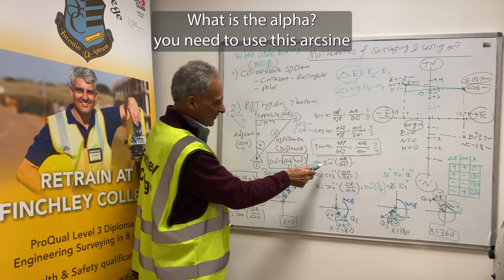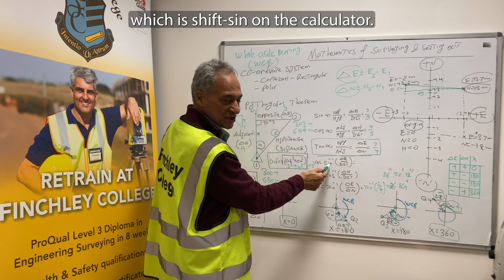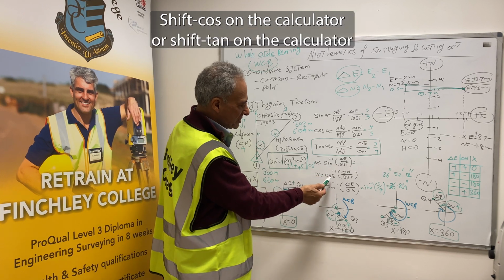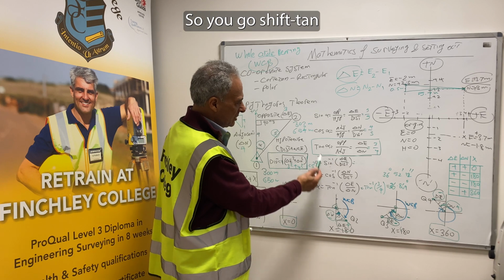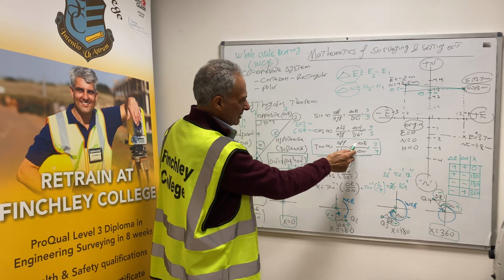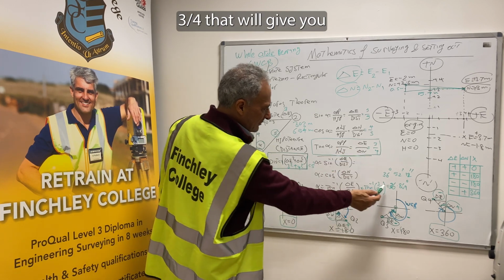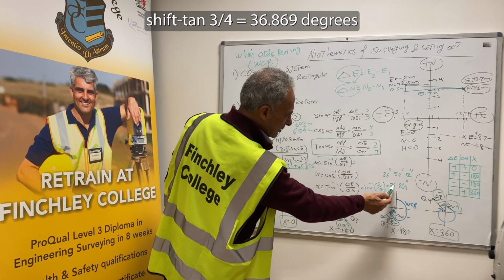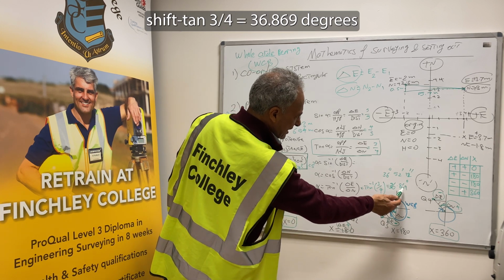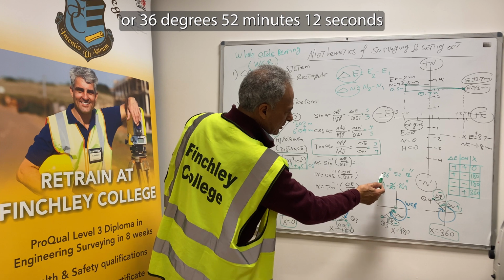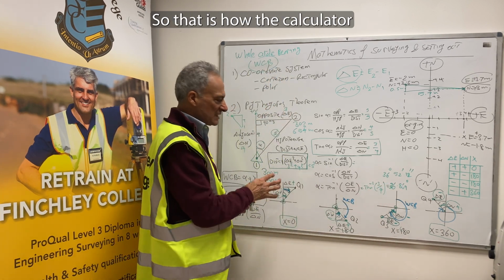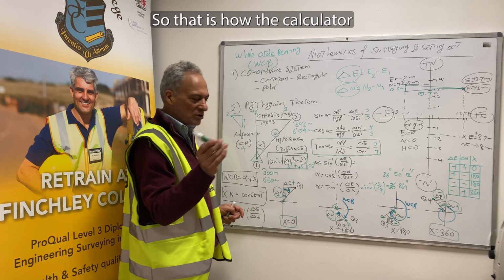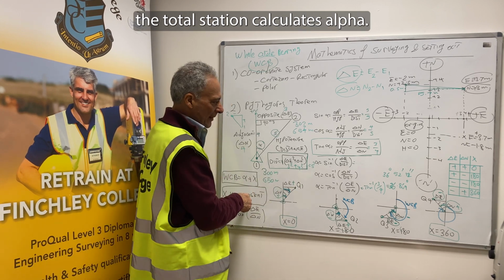You need to use the arc sine, which is shift sin on the calculator, shift cos, or shift tan on the calculator. So you go shift tan 3 over 4, and it will give you 36 degrees 52 minutes, 0.869 in decimals, or 36.5212. So that is how the calculator or total station calculates alpha.